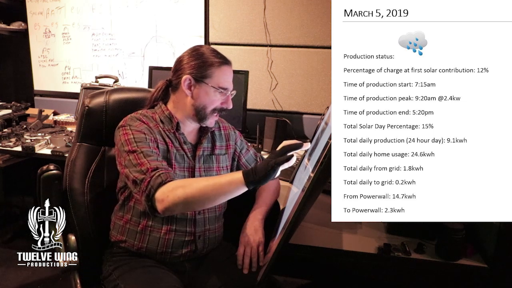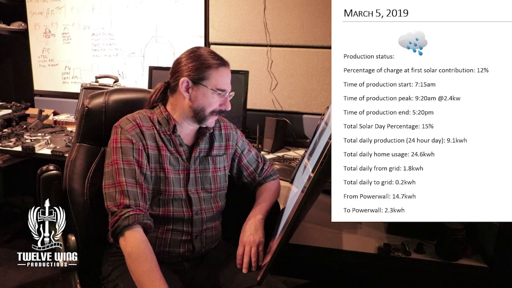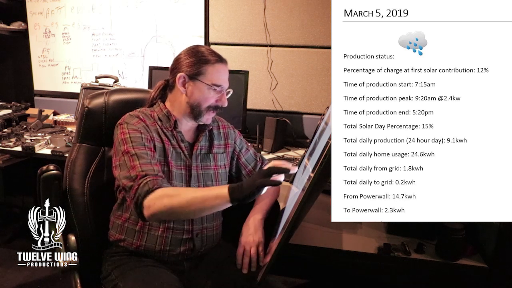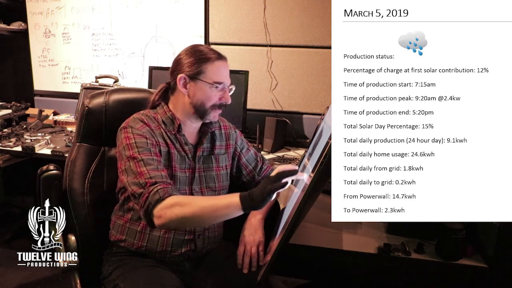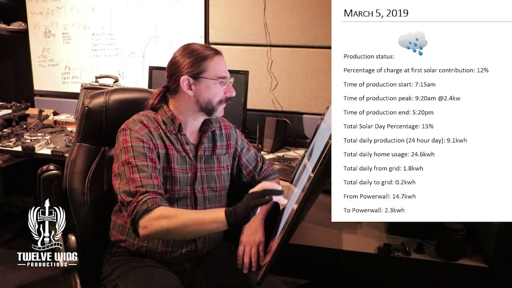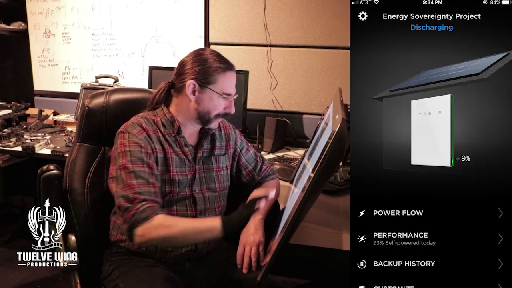And so now if we follow this, you'll see that by 9:30 p.m. the system was down to 9% in the evening. Let me see what I can do here. So here, let me pull this up.